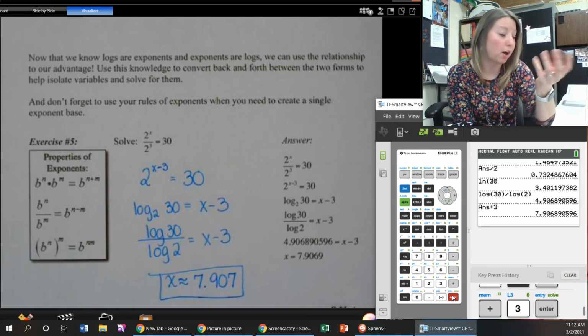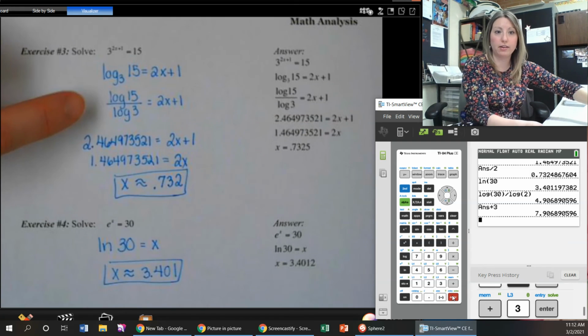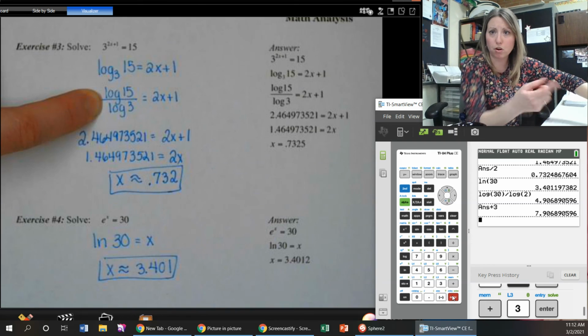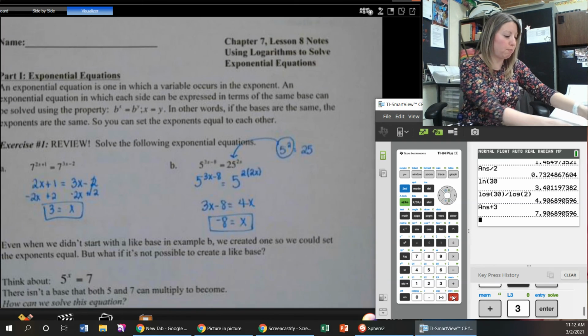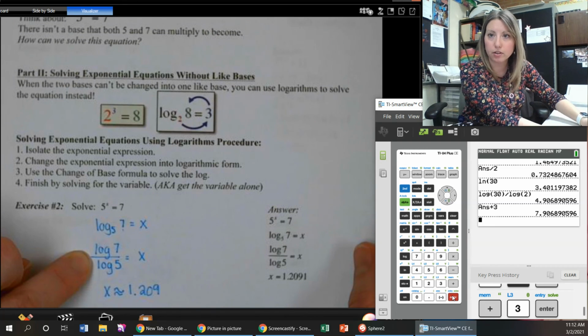That's why I keep writing that change of base formula out for each of these. ln doesn't require that because you've already got your base of E, which is one of our buttons.